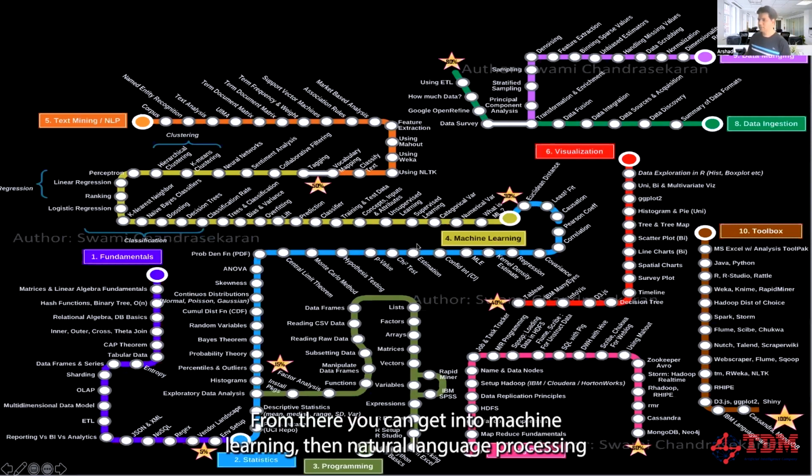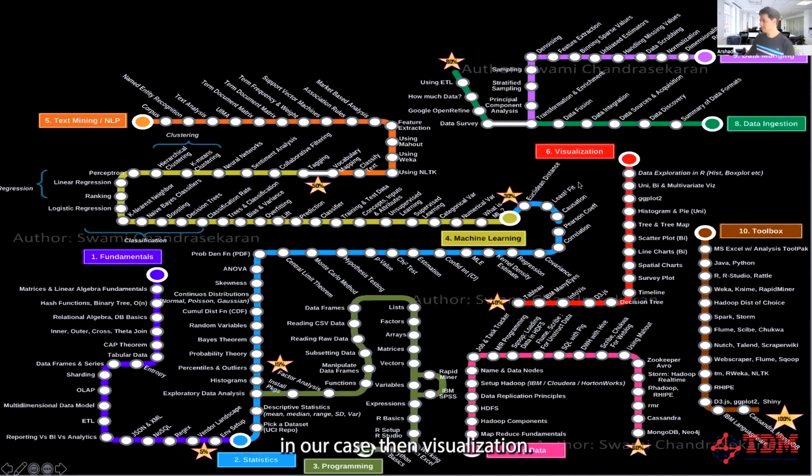From there, you can get into machine learning, then natural language processing. Then visualization. In our experience, a lot of people get into these visualization tools and get very excited by putting in pair plots and graphs, and they think that's good enough. Yeah, it's a good visualization and feature engineering tool, but to really go deeper, this is the roadmap.